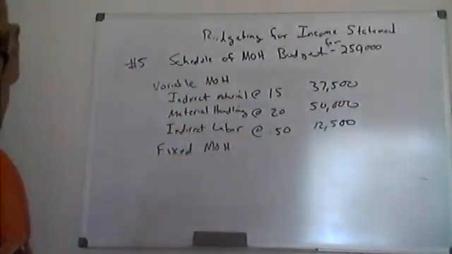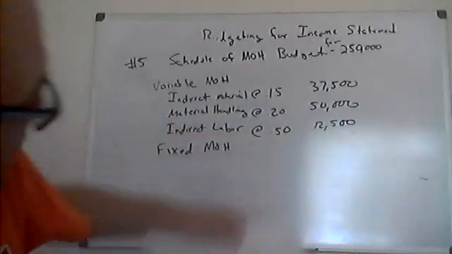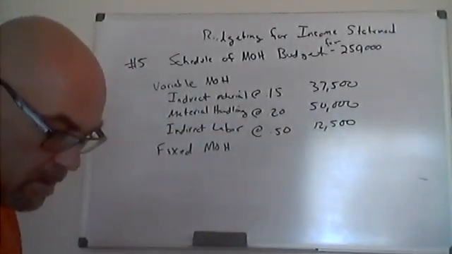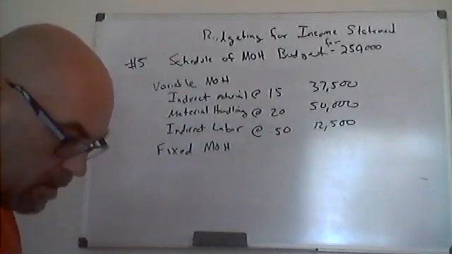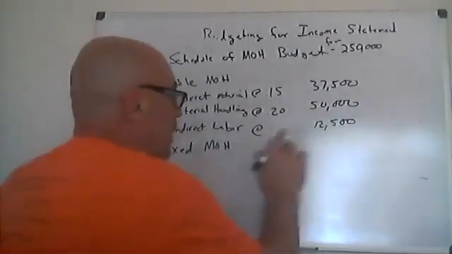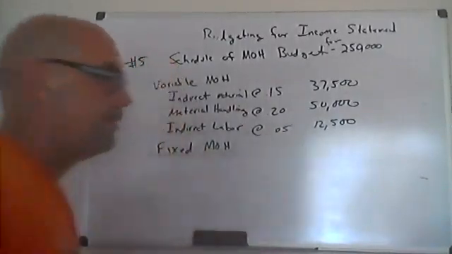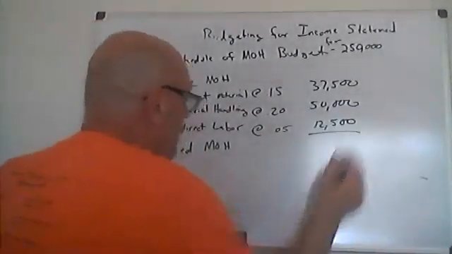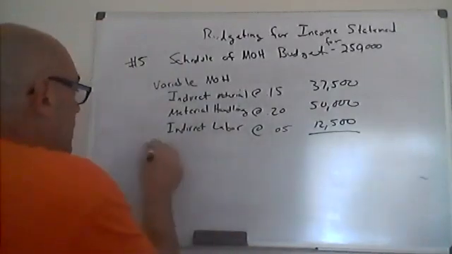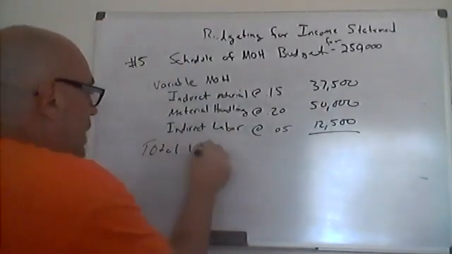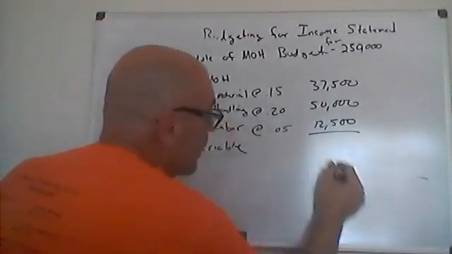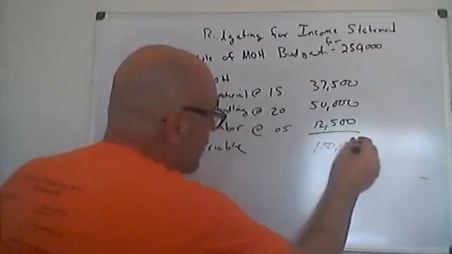I want to see something here because I think I wrote that number down wrong. So our total variable comes out to 100,000.